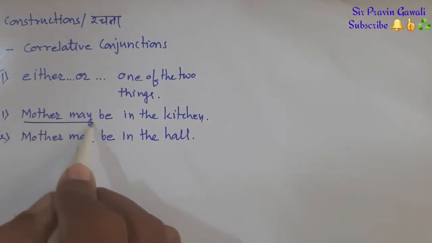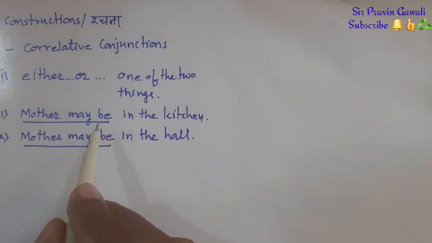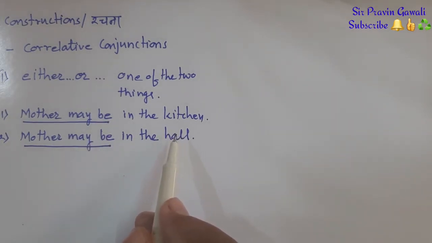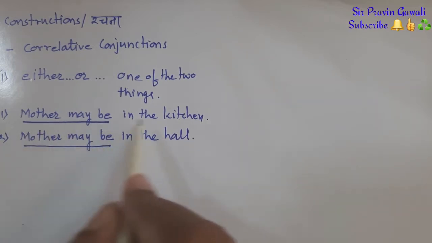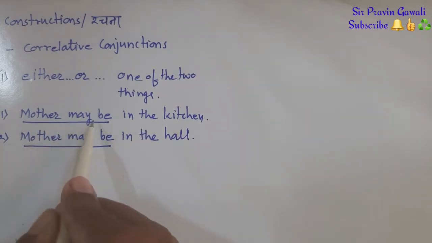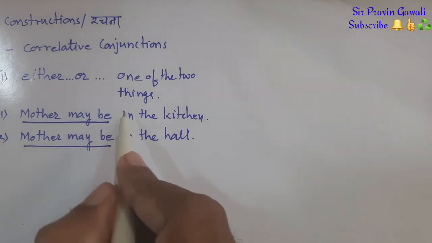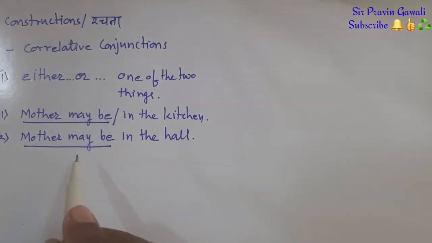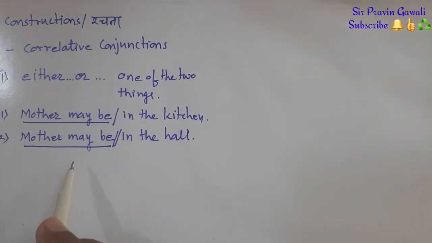Mother may be in the kitchen or mother may be in the hall. In these two sentences we see some parts of the sentences are similar. For example, the first part of the first sentence, mother may be, is similar to mother may be in the second sentence. So let's underline the similar part and separate it with a slant line. The first part and the second part in the second sentence will be separated by two slant lines.